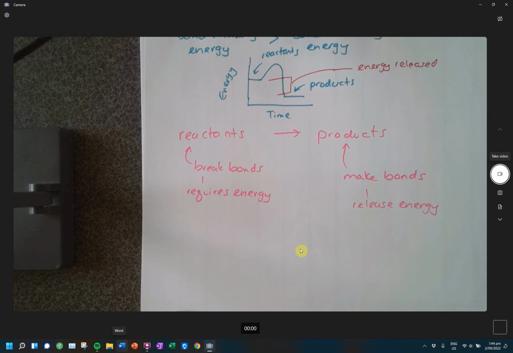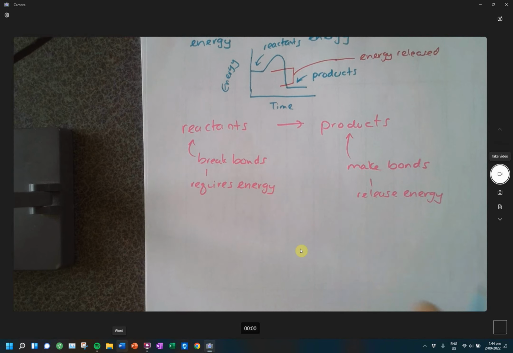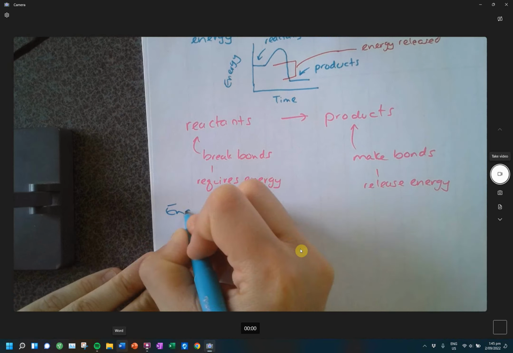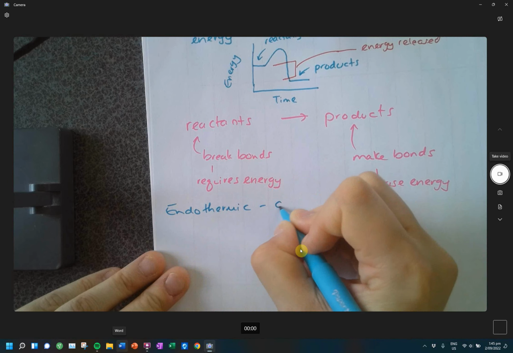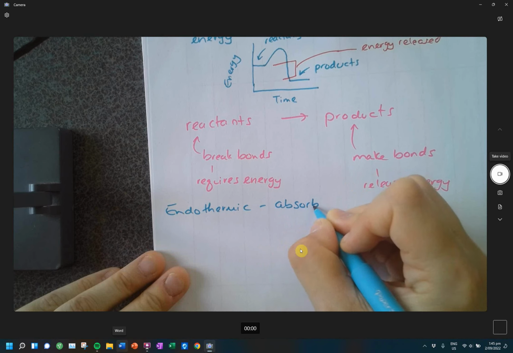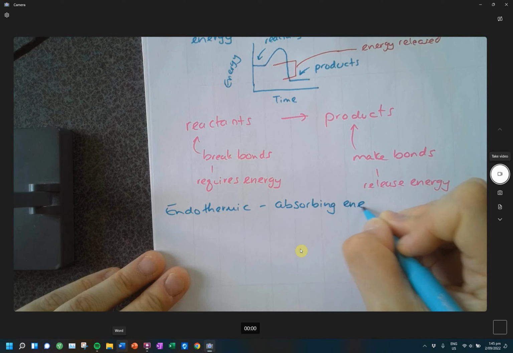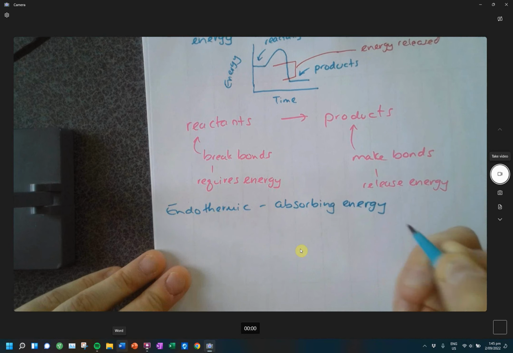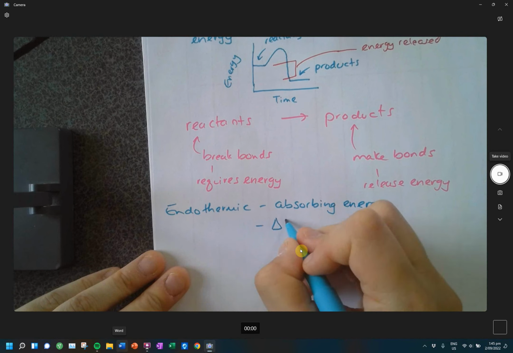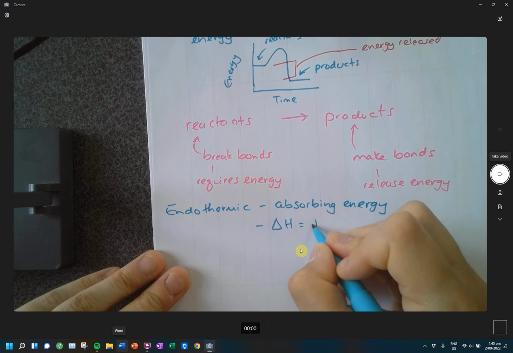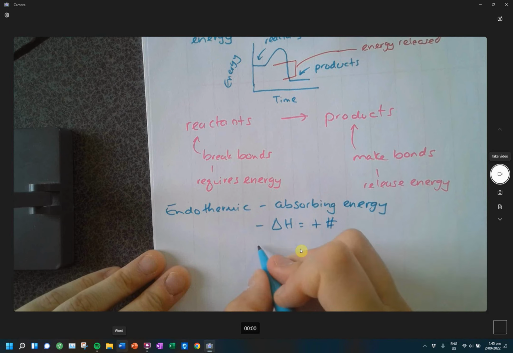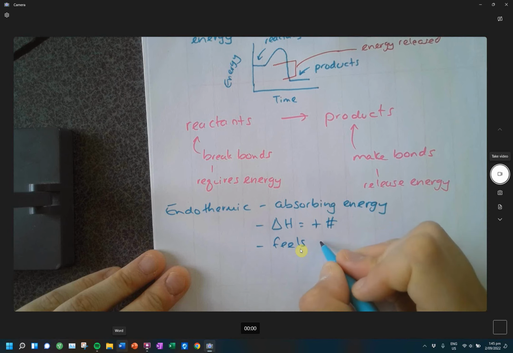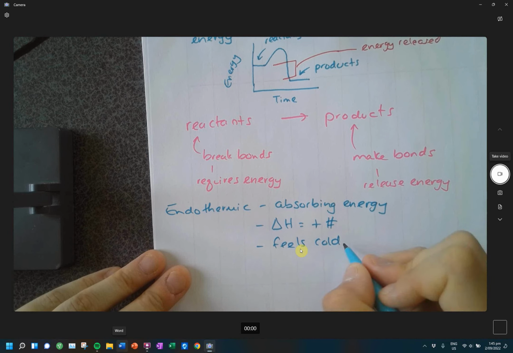So basically, endothermic is the opposite. When we talk about endothermic reactions, we're talking about absorbing energy. If I was thinking about my delta H, what would my delta H be? Positive. How would it feel? Cold. That's how the ice packs work.